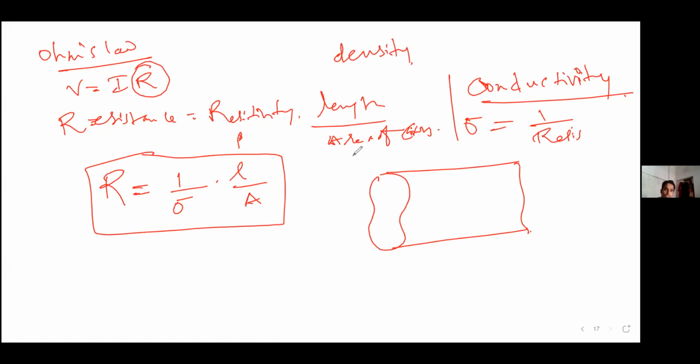Similarly, in case of magnetic field, because the current flow is not uniform, we define something called current density. This is a vector J bar.